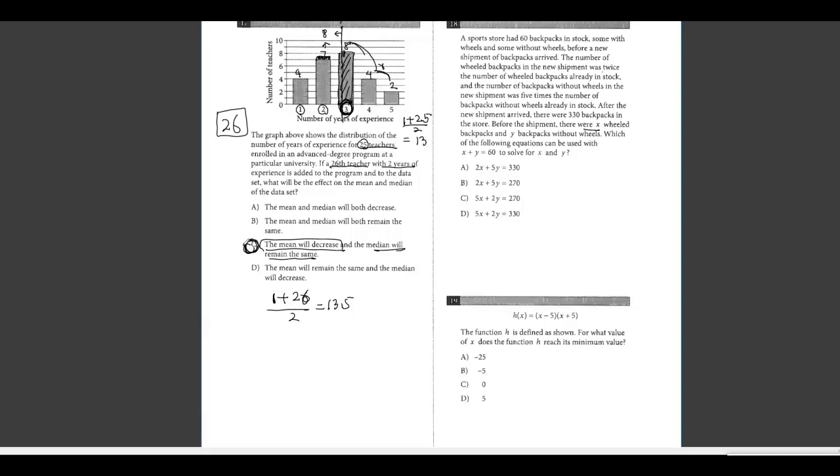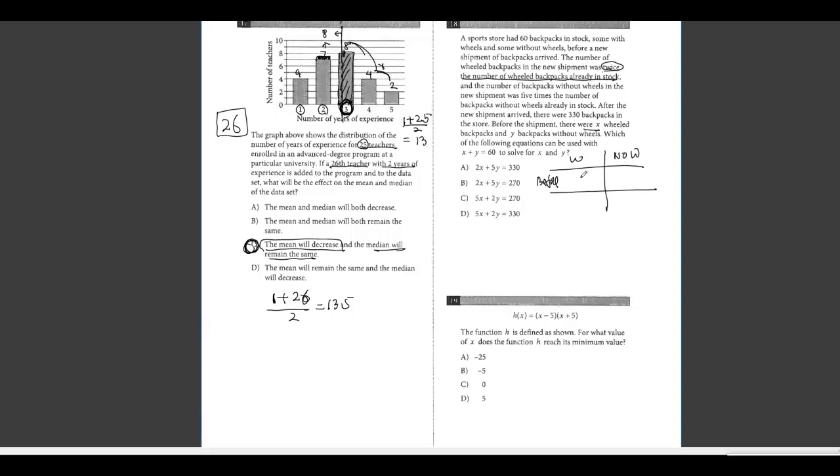Number 18, we have 60 backpacks in stock, with wheels or no wheels. Okay, this is wheels, this is no wheels. And before, the number of wheeled backpacks in the new shipment is twice the number of backpacks already there.